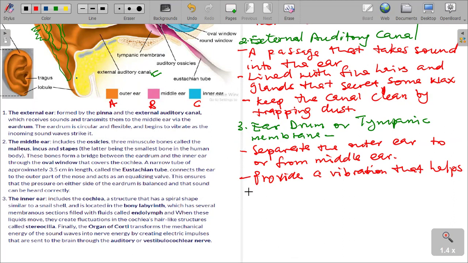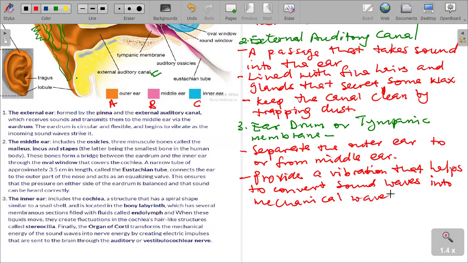It provides a vibration. When the sound waves are directed into the ear, they first hit the eardrum, or the tympanic membrane, which vibrates. So the sound waves are converted into mechanical waves. That is the function of the eardrum.